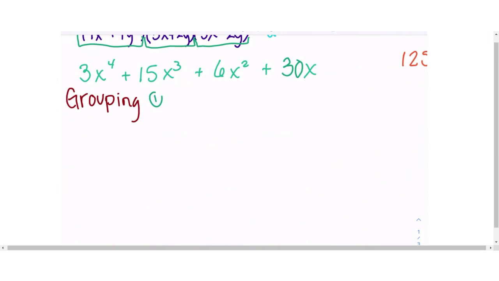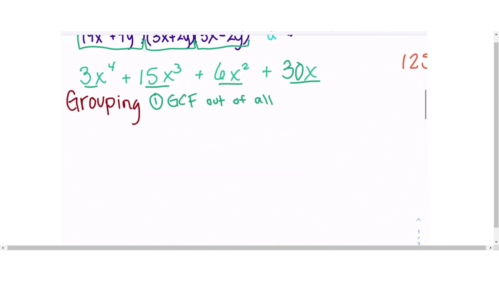Step 1 is you want to see if you can take a GCF out of all of the terms. So we're going to look in all of these terms and see if there's anything that they all have in common. I can see that between 3, 15, 6, and 30, they all have a 3 that goes into them.